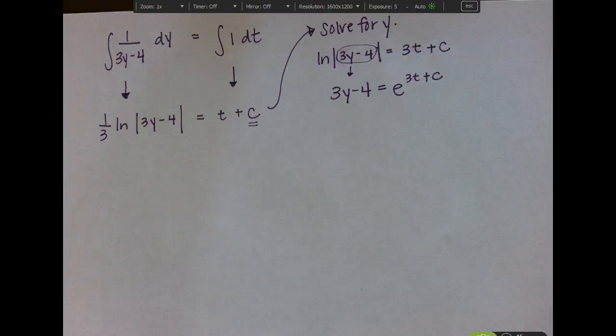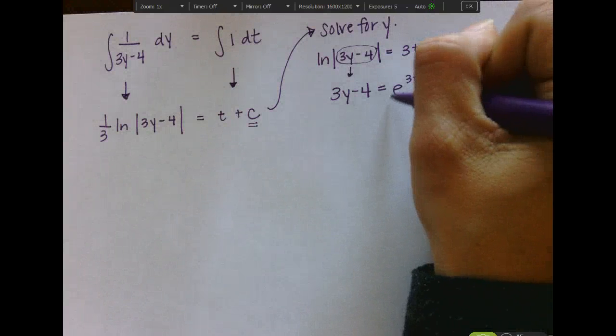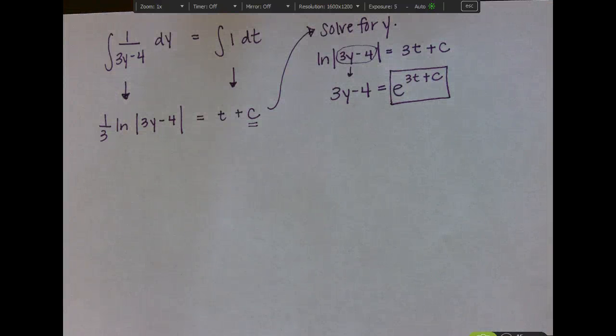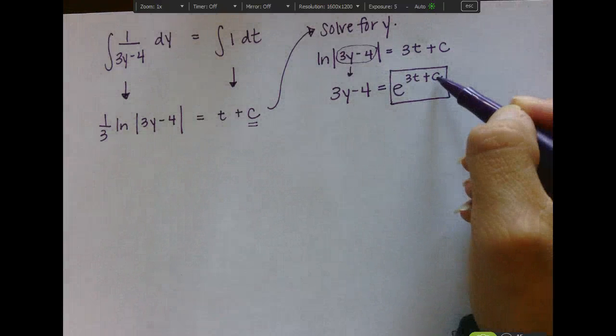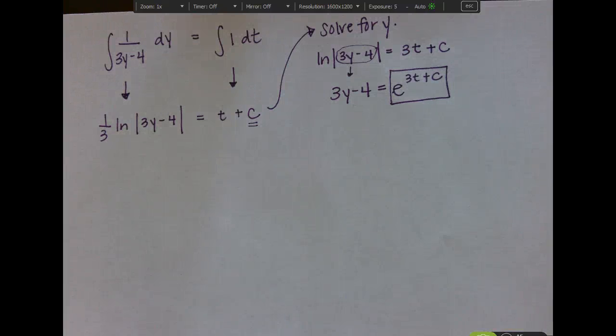Now this is a little bit interesting what happens next, because right here you can separate this constant c and show that it actually becomes a constant multiple.